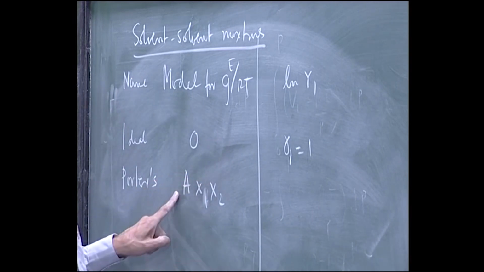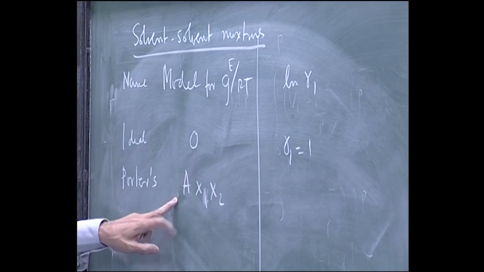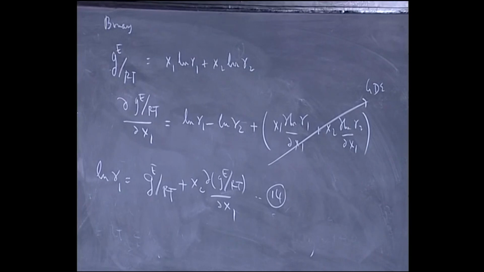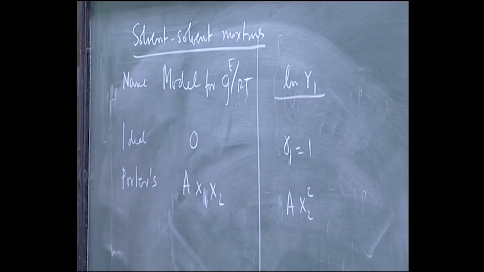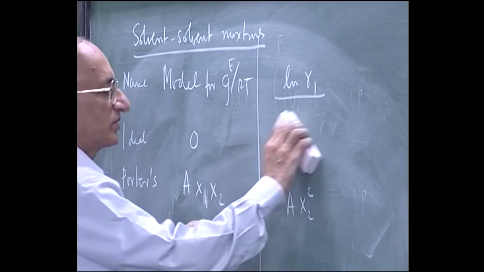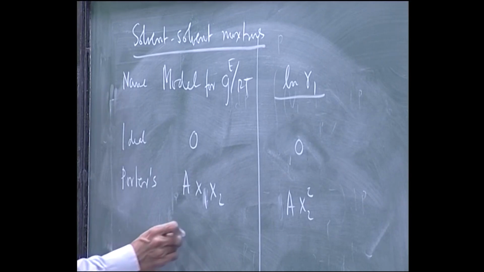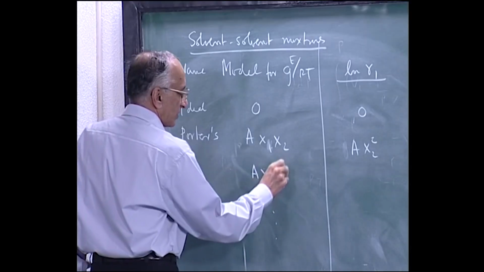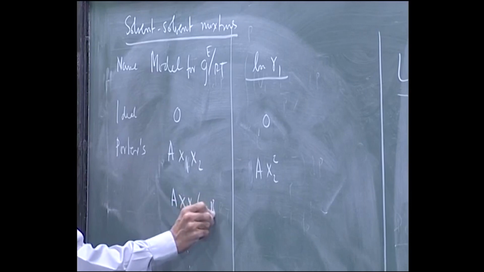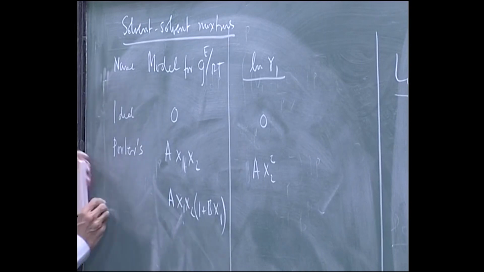And if you do that solution that I have given in 14, you take this expression, differentiate it and so on, you get A x2 squared for log gamma 1. For log gamma 2, you will get A x1 squared. So you can build models of this kind. I mean, you get A x1 x2 into 1 plus B x1. You can write higher polynomial models. This is Margules.